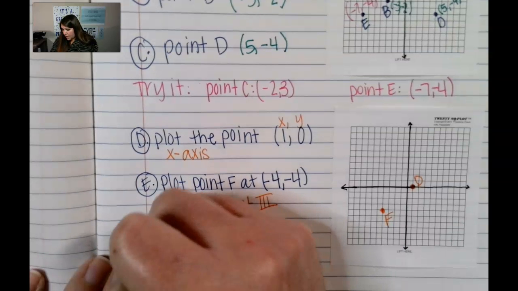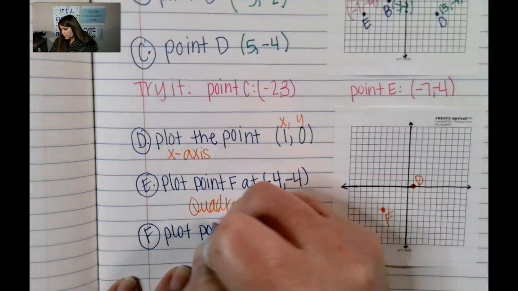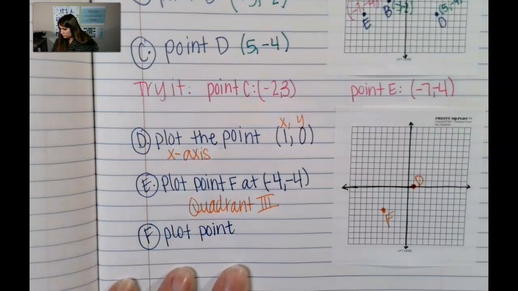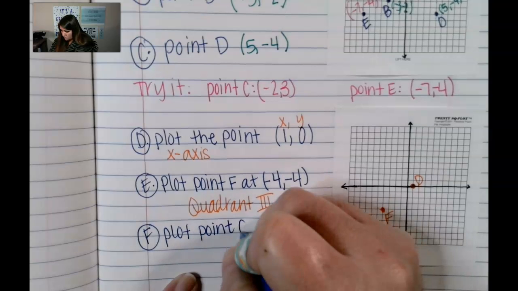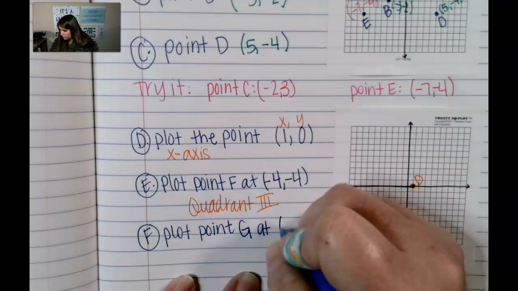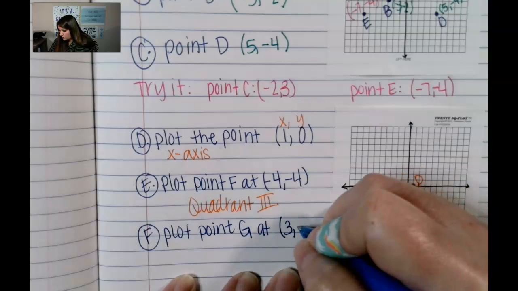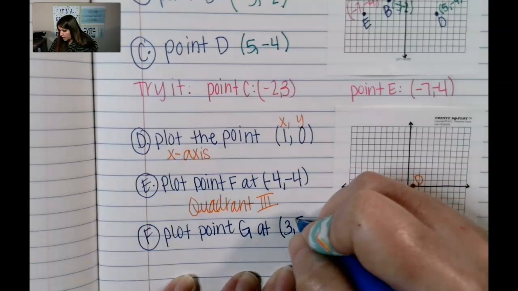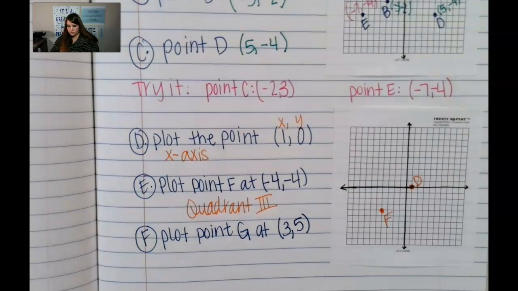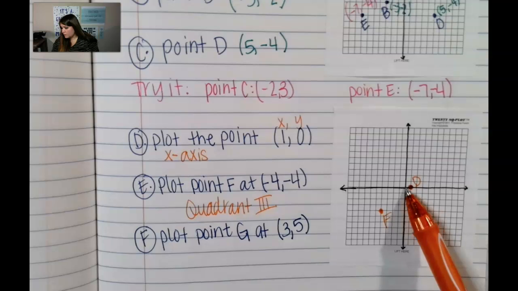So example F says to plot point G at (3, 5). Okay, so again, we're going to start with our 0, 0, and we're going to go left or right.